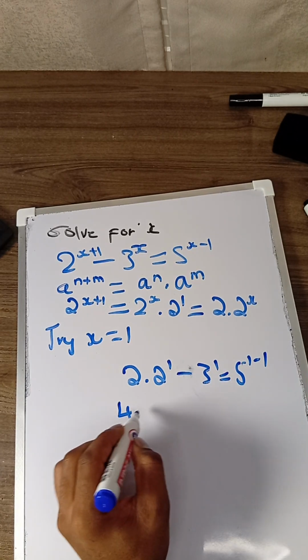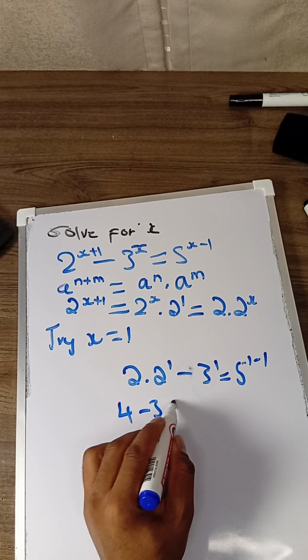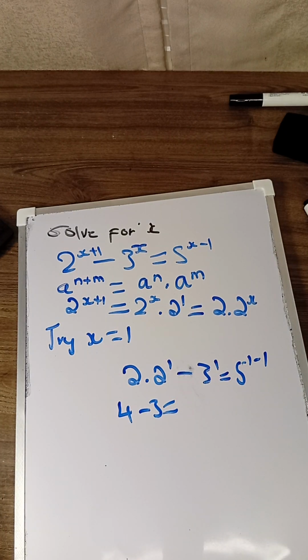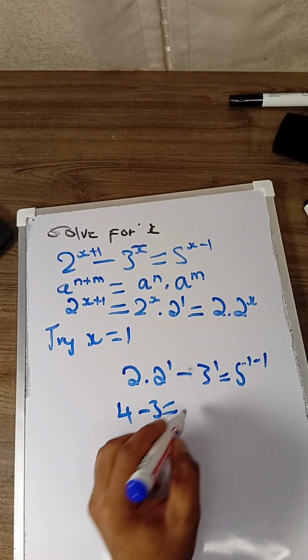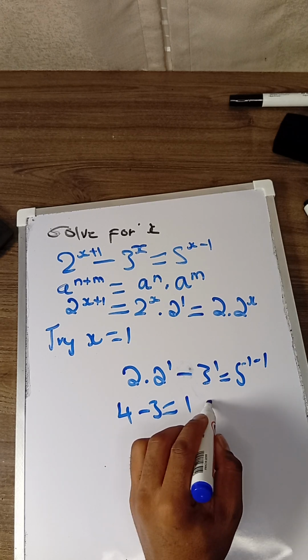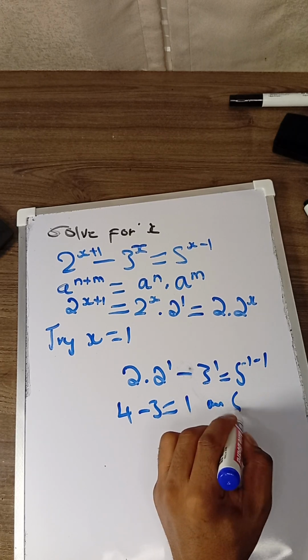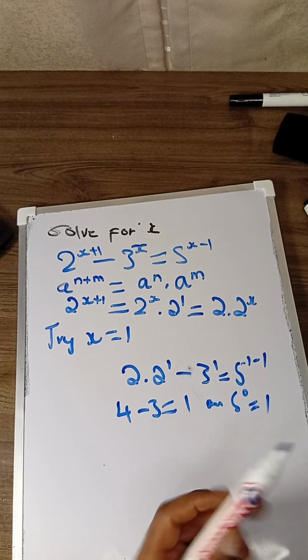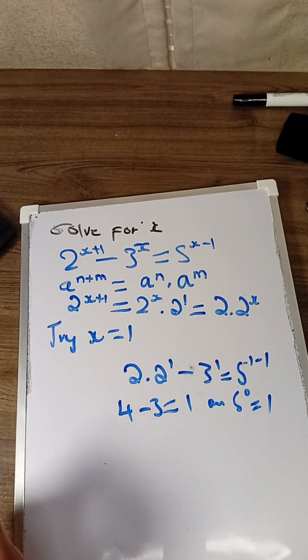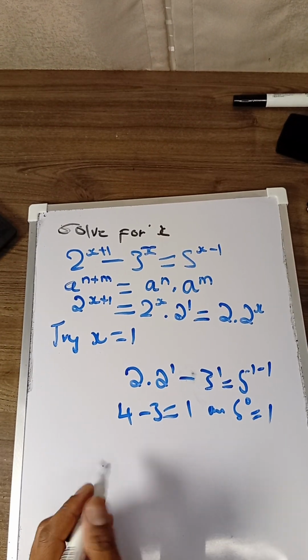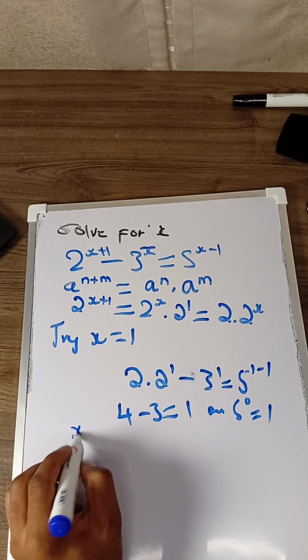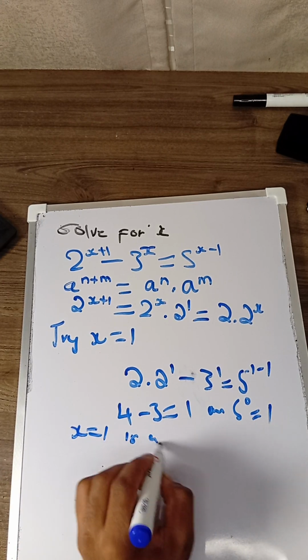So 4 minus 3 is equal to 5^0, so 1 is equal to 1. So this works. So it means x is equal to 1 is a solution.